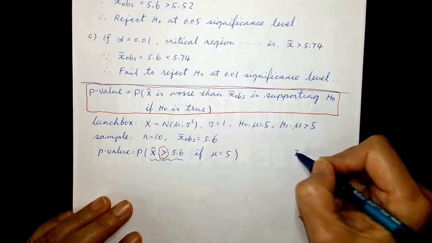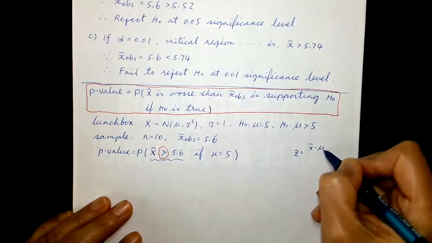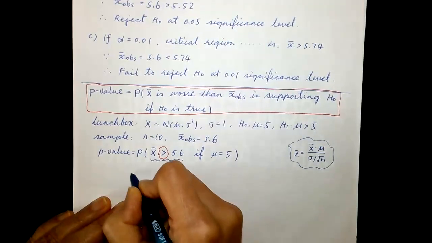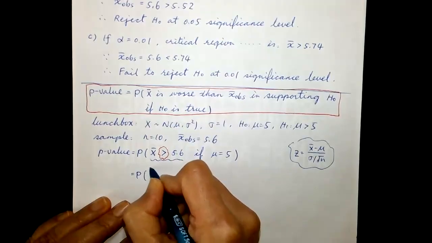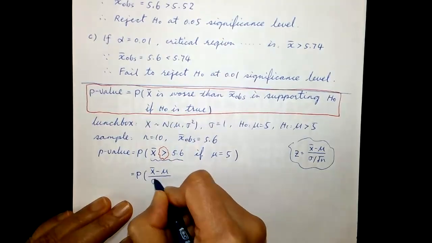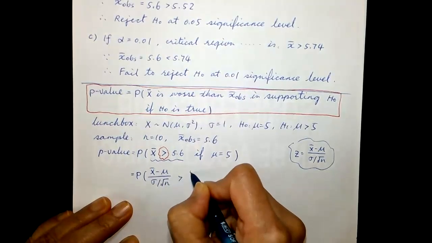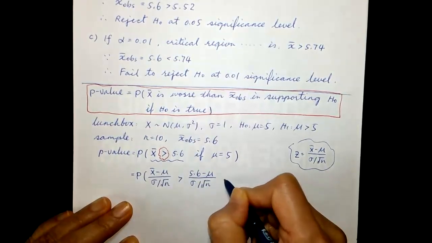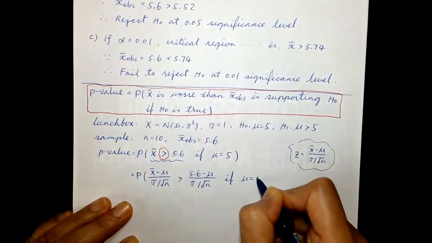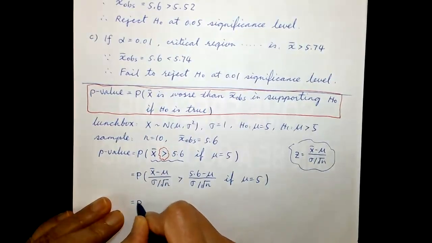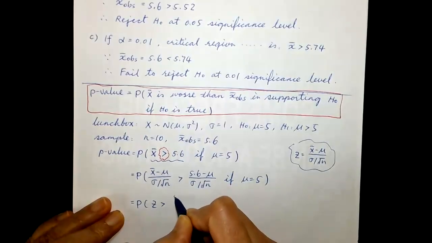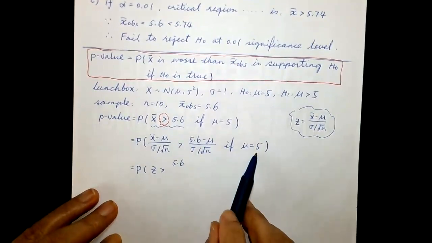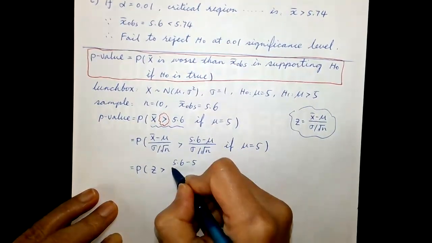The same argument as before, but now I need to show the Z. Standardization of X bar: 5.6 minus mu, substitute.